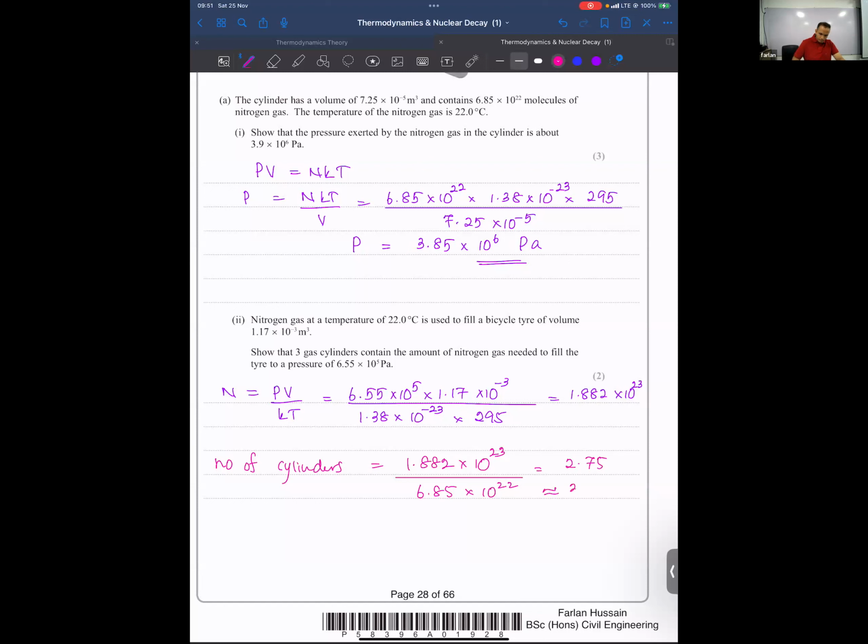That is about 3 cylinders. Find the total number of molecules required, divided by the number of molecules in one cylinder.